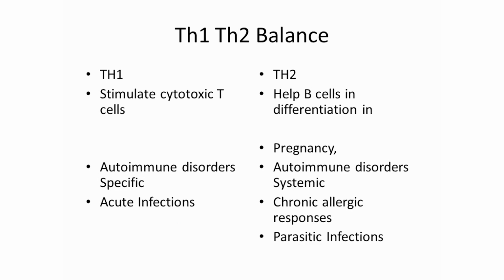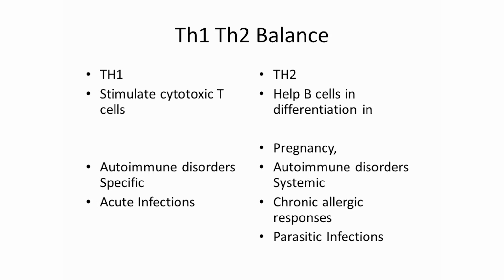So Th1 is going to stimulate cytotoxic T cells, and this Th1 is important in the organ-specific autoimmune disorders, whereas Th2 is there in autoimmune disorders which are systemic. Th1, as I was just saying a few minutes before, is seen in acute infections. What is Th2 all about?